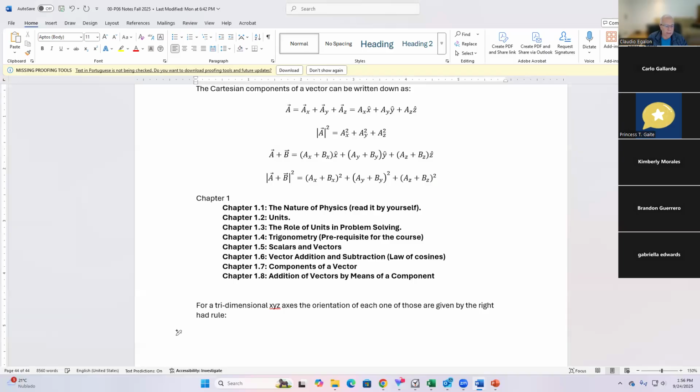So it goes like that. One, in order to find out the proper direction of the z-axis, you must curl the palm of your right hand from the x-axis to the y-axis.